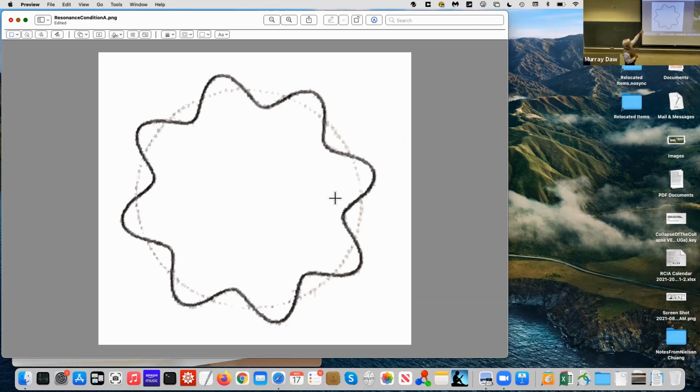The idea that a wave traveling around the circle may be like a wave traveling around a proton would lead to some kind of resonance. There had to be some matching number of wavelengths around the circumference.